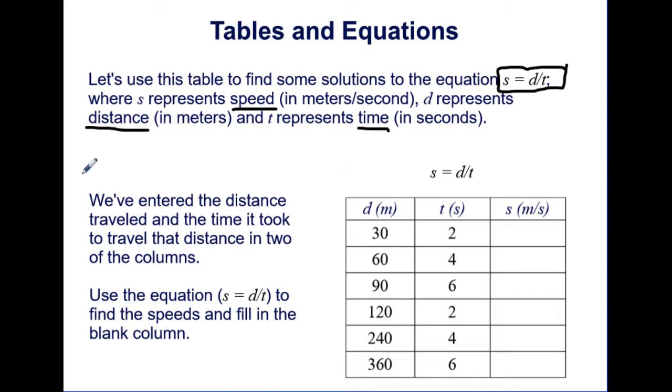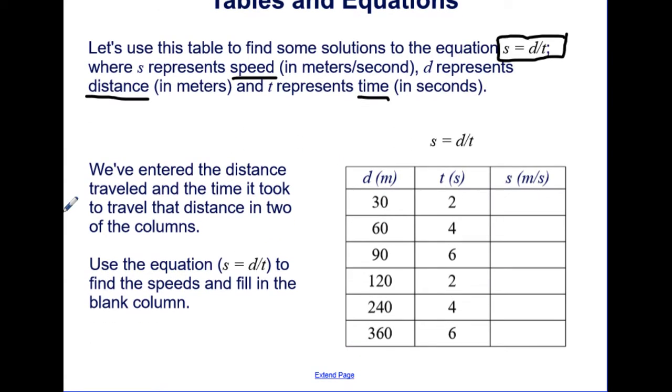It's a very popular physics equation. So we've entered the distance traveled in the first column and the time it took to travel that distance in another column. Here, we're going to use the equation s equals d over t to find the speeds and fill in the blank column.